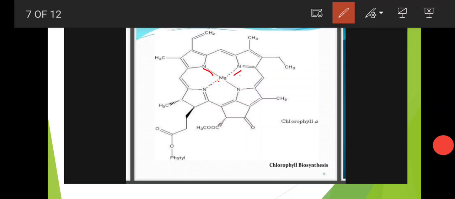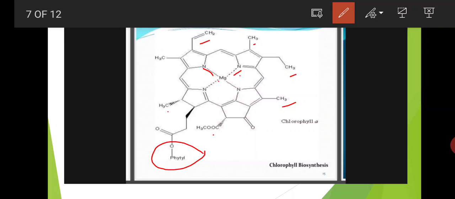The side chains have methyl groups and vinyl groups. Here it is a vinyl group, here a methyl group, here an ethyl group, here a methyl group, and an acid group is there, and a methyl group, and here a long phytol chain is also there. This is the complete structure of chlorophyll A.